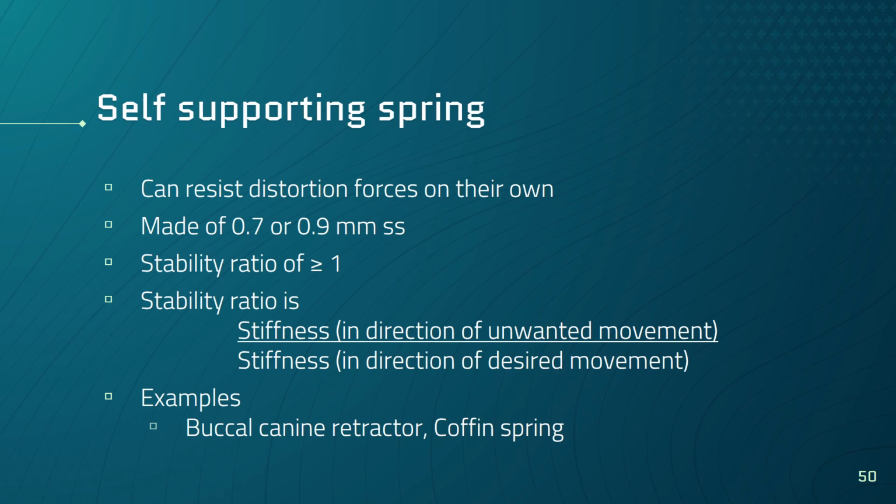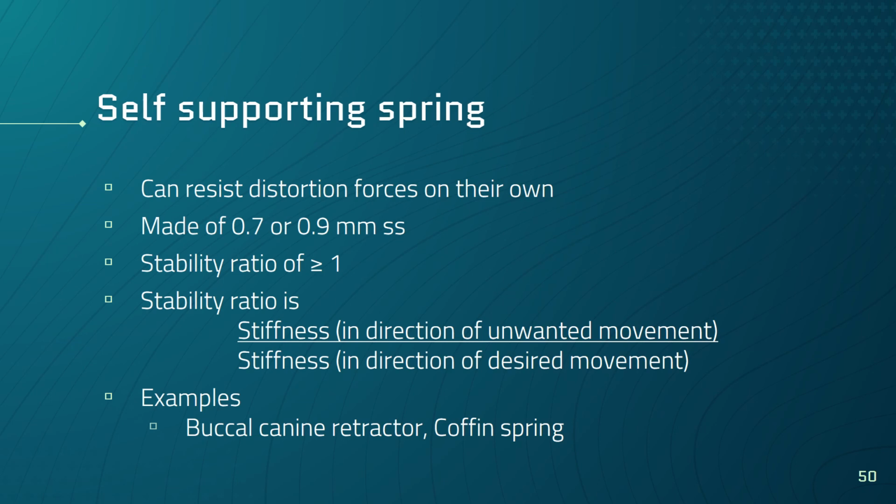Now, what are self-supporting springs? Now, self-supporting spring can resist distortion forces on its own. Usually, they are made from stiff wires, usually 0.7 or 0.9 millimeter stainless wires. The stability ratio should be more or equal than 1. What is stability ratio?